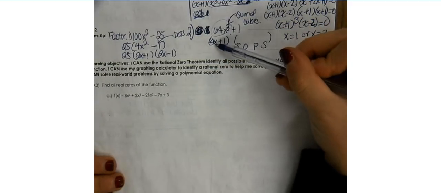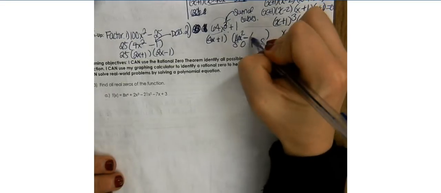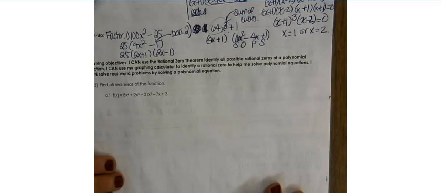Then you do square, opposite, product, squared. So 4x times 4x is 16x squared. The opposite sign is a minus. Product, 4 times x is 4x, and then squared, 1 squared is plus 1. And that is your answer, 4x plus 1 times 16x squared minus 4x plus 1.